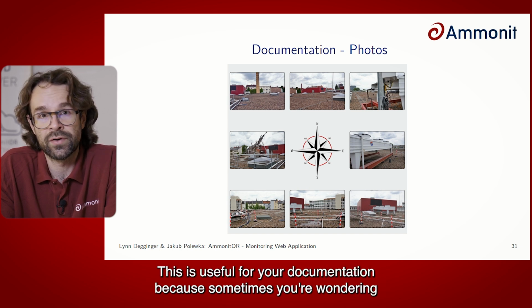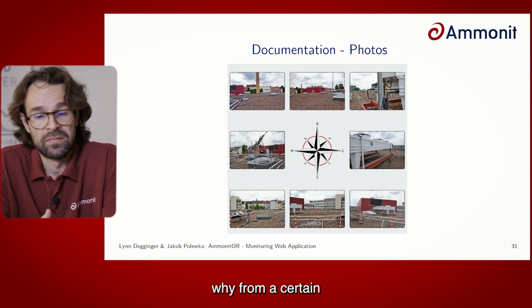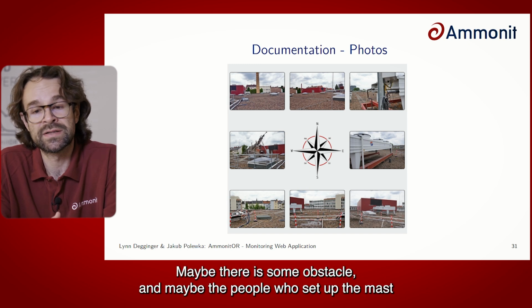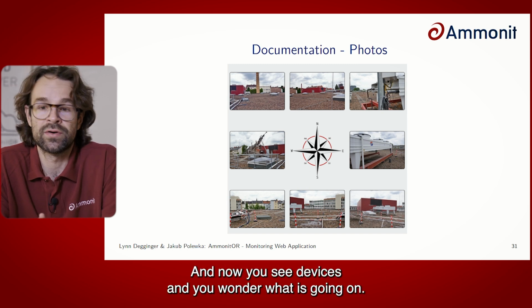This is useful for your documentation because sometimes you're wondering why from a certain angle is the wind slower. Maybe there is some kind of obstacle, and maybe the people that set up the mast didn't tell you that, and now you see the values and you wonder what is going on.